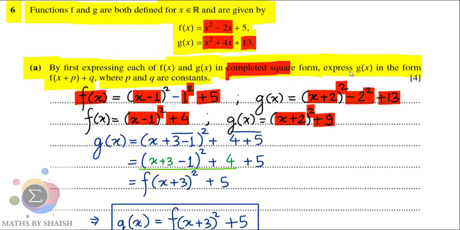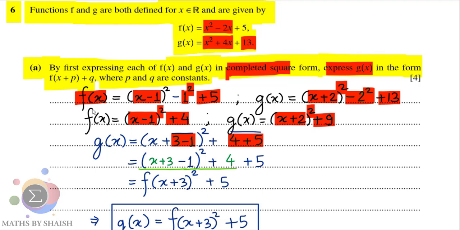Now since they have asked to express g(x) in the form of this, first of all we'll write g(x) again. g(x) is (x plus 2) squared plus 9, and we know that in f(x) it is (x minus 1) squared plus 4. So we can write this 2 as 3 minus 1. And there is a 4 in f(x), and in g(x) it is 9, so we can write 9 as 4 plus 5. Now we can collect the required terms.